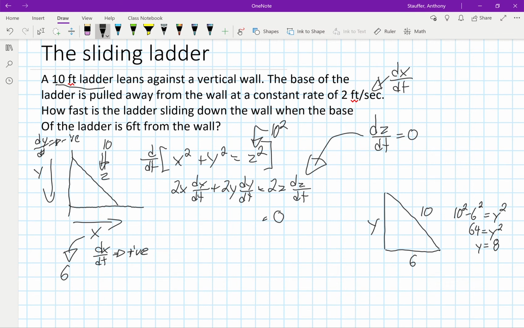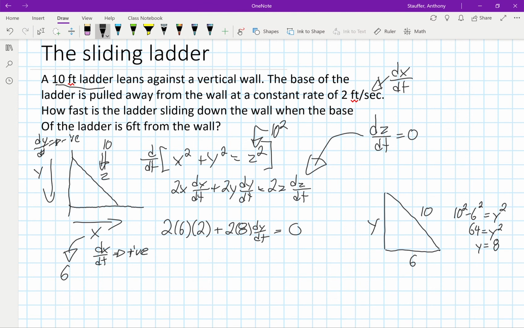So going back over here, we have 2 multiplied by x, which is 6, multiplied by my dx over dt, which is 2, plus 2 multiplied by my y, which is 8, multiplied by my dy over dt, and this is going to equal 0.